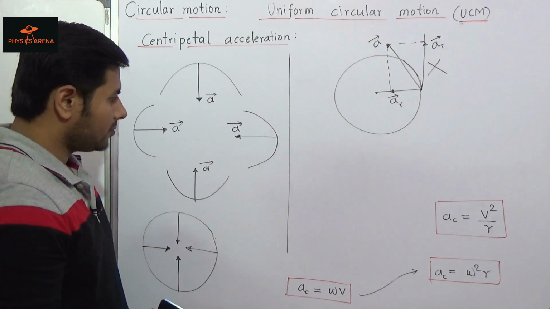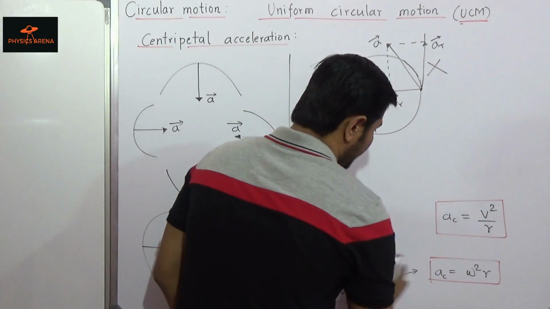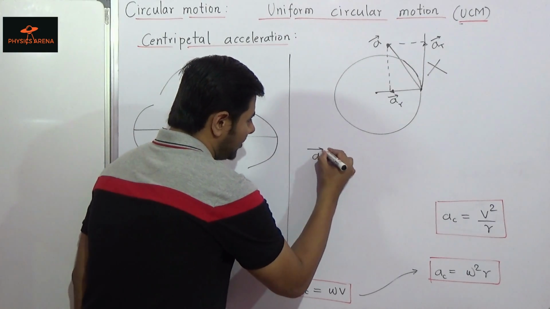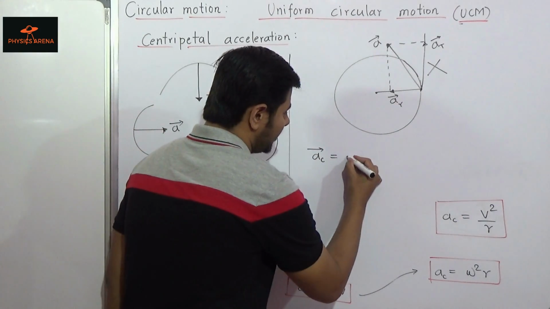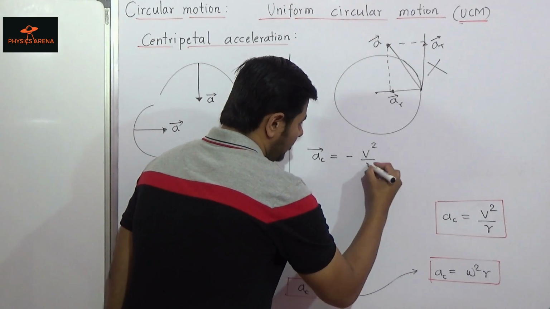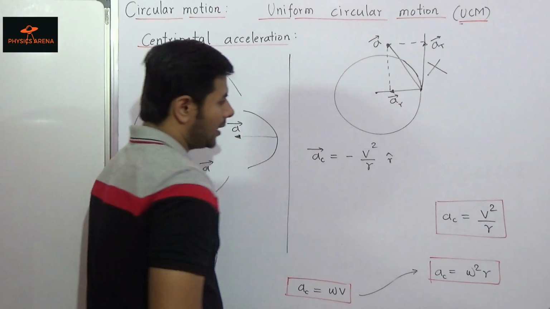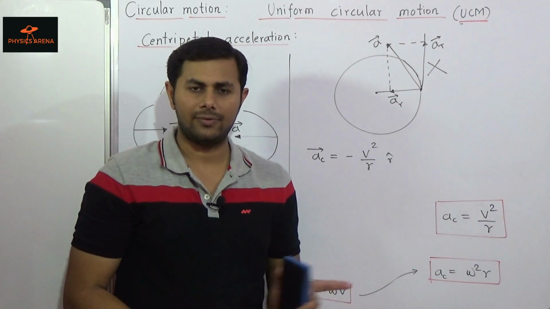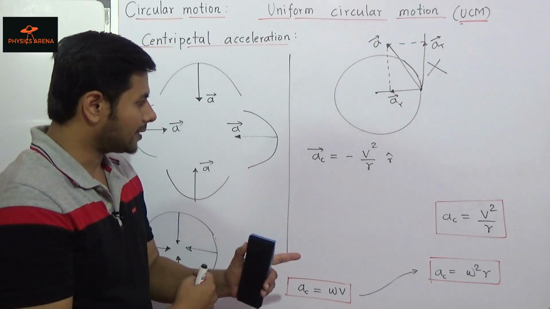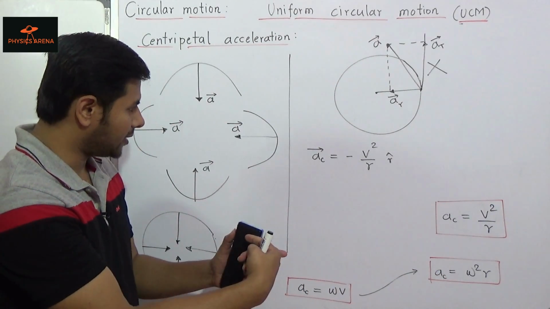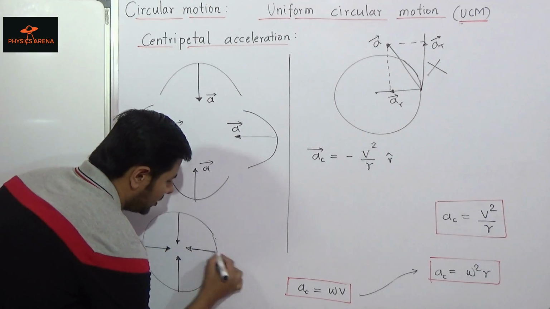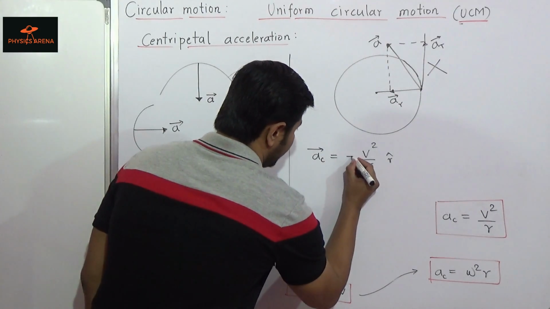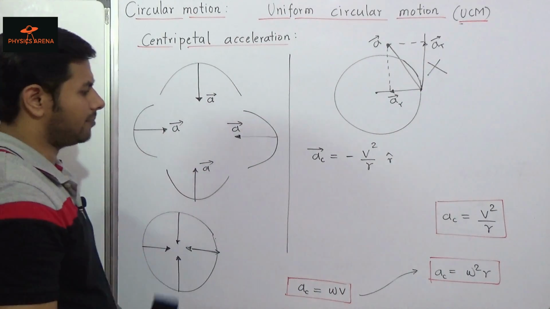So we can rewrite these formulae in vector form. In vector form, the centripetal acceleration can be written like this: minus v square over r along r cap. R cap is the radius vector, but it will be directed outwards, and since acceleration is directed towards the center, it is in the opposite direction of the radius vector, and this minus sign shows the same thing.